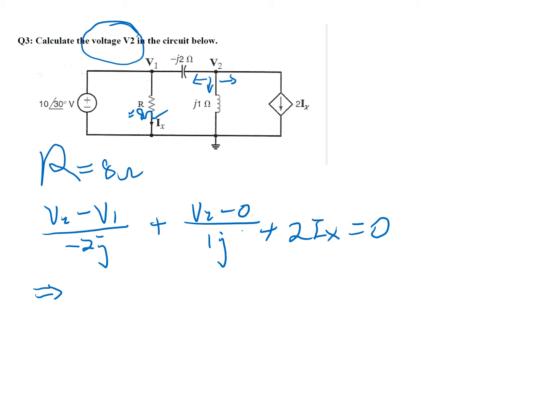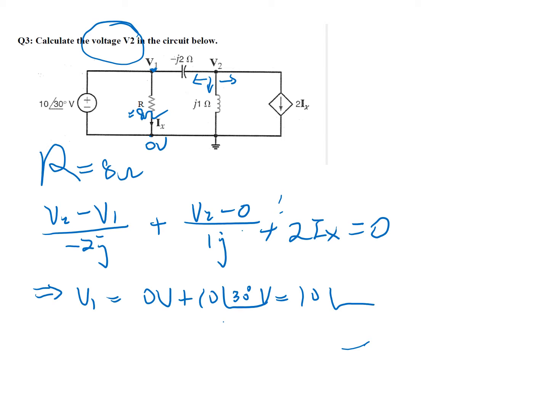One is V1. Let's see whether we can find V1. V1 is the node voltage here. We assume this is ground, and all of this is the same node, so the voltage there is 0. So V1 is simply 0 volt plus 10 angle of 30 degrees.